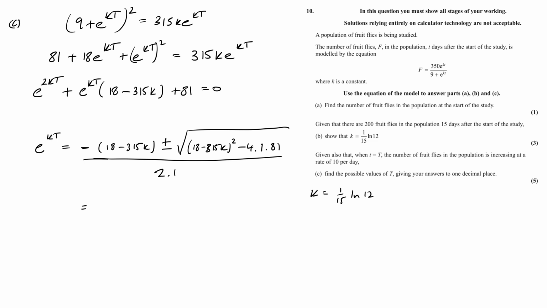Actually, I could do 18 minus 315k, and I will store that in my calculator as b, as it is going to be a b.